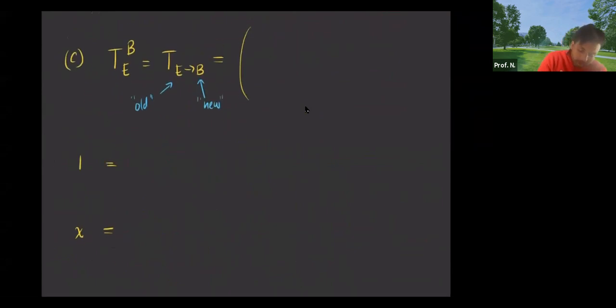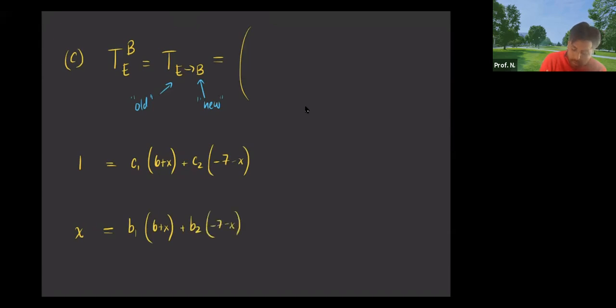So I'm going to write c1 times 6 plus x plus c2 times negative 7 minus x, and b1 times 6 plus x plus b2 times negative 7 minus x. What I'm doing is writing 1, the old basis, in terms of my new basis, and taking x and writing it in terms of my new basis. Do you guys see that?